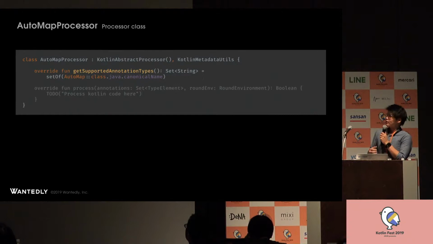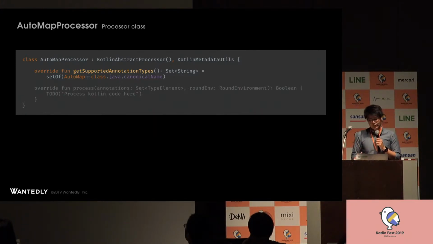We then override getSupportedAnnotationTypes and return only the annotation that we are interested in. Overriding this method will let the processor API know that we are able to process elements that are annotated with our annotation. There are other options that we can override for the processor, like annotation processor options and minimum supported Java source code version. But for our example, this is good enough.